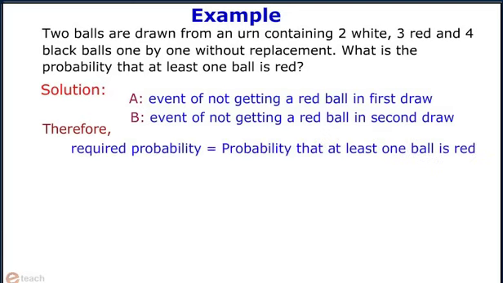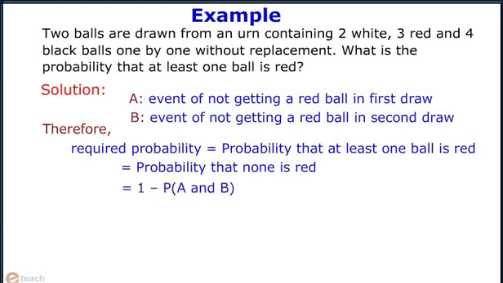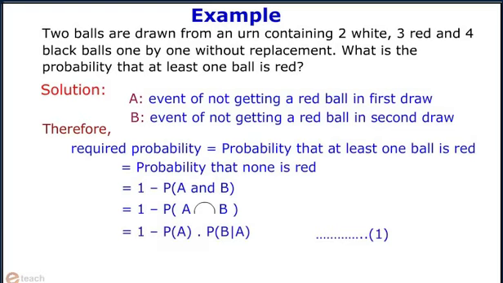Therefore, required probability equals probability that at least one ball is red. That is equal to 1 minus probability that none is red, which is 1 minus probability of A intersection B. Now it can be written as 1 minus probability of A times probability of B given A.